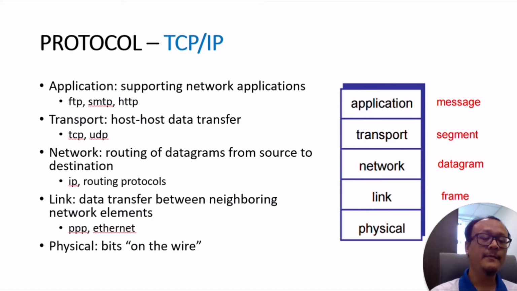In the TCP/IP reference model, there are 5 layers compared to OSI, which has 7. The 5th layer is application, and then transport layer, network layer, link layer, and lastly the first layer is the physical layer. I will explain all these layers in detail in the next slides.